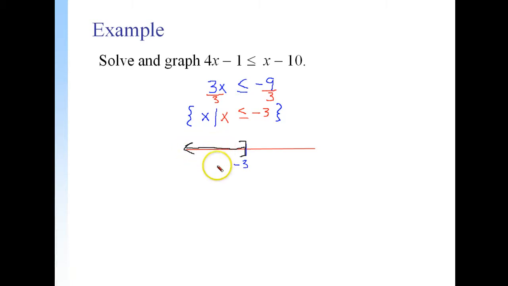There's your graph, and then now interval notation. It's coming from -infinity, going up to -3, and because of the bracket and the inequality sign, the -3 is included in the set. Okay, yes, 3 for the price of 1, so to speak.